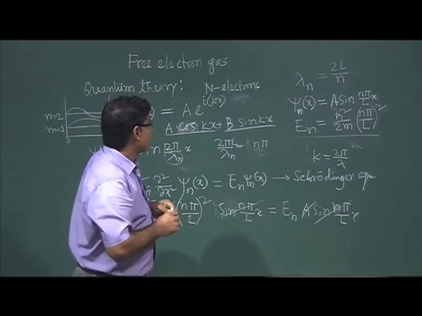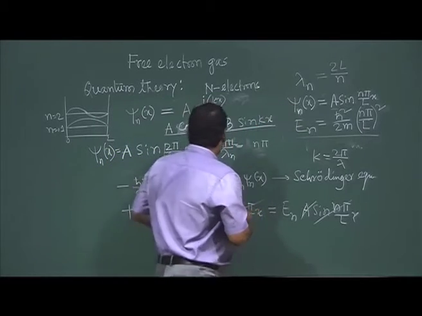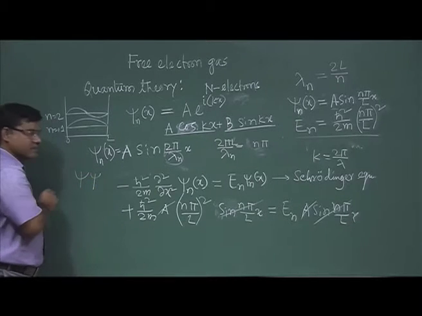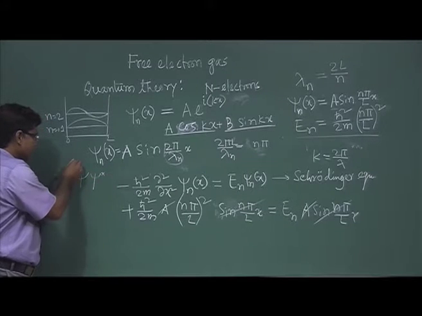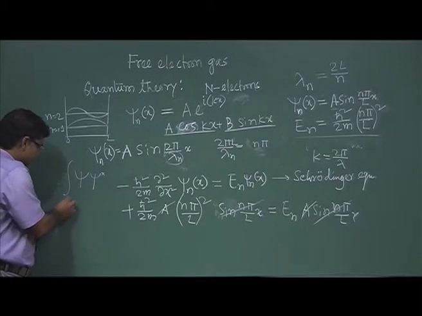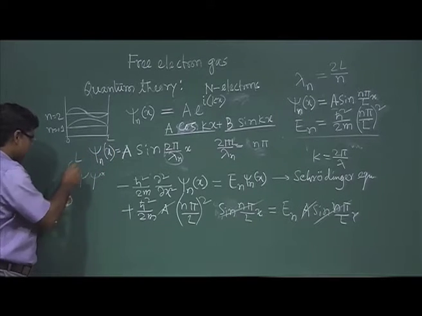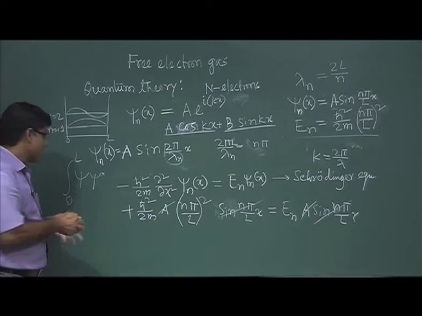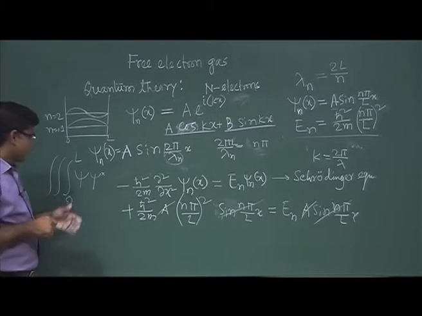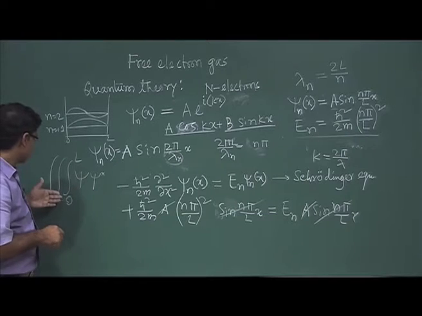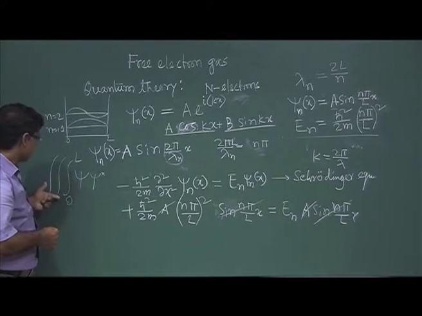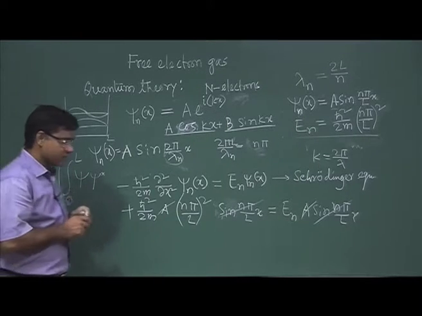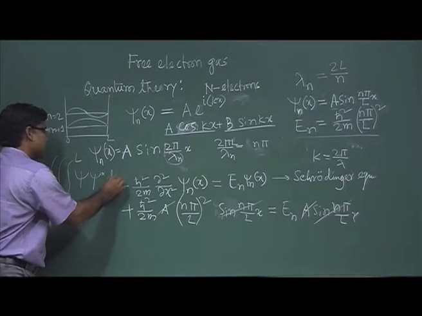That probability is basically psi star psi, and then one has to integrate, in our case from 0 to L. If it is a 3 dimensional box, one has to take 3 dimensions, 0 to L in each, or if it is rectangular, L x, L y, L z, with dx, dy, dz.